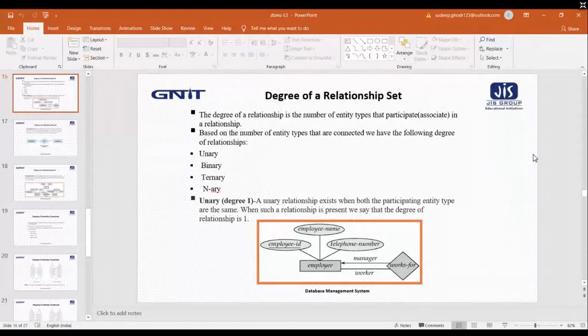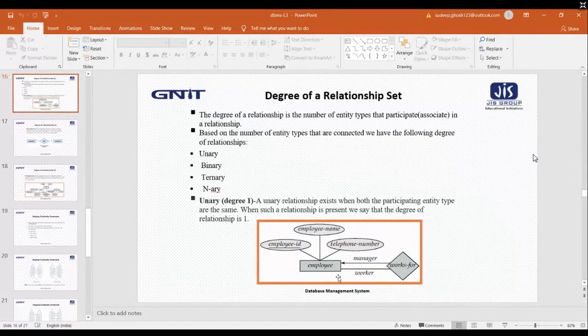For the recursive relationship and unary relationship, here you can see it is given employee, manager and worker, that I have told, supervisor and supervisee. Manager is the supervisor, worker is the supervisee. Actually, the worker box should not be there, it should be supervision or supervises or supervisee, this type of relationship.